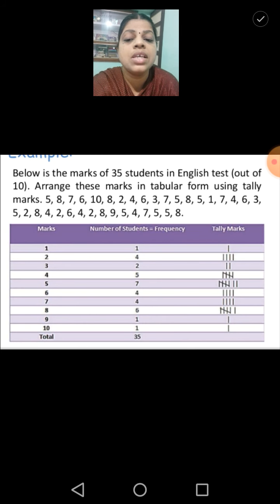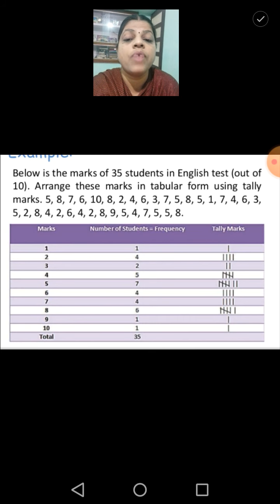And here we can see the column heads: the first one is marks, the second one is frequency, and the third one is tally marks. In the first column, they have included the values of the data.